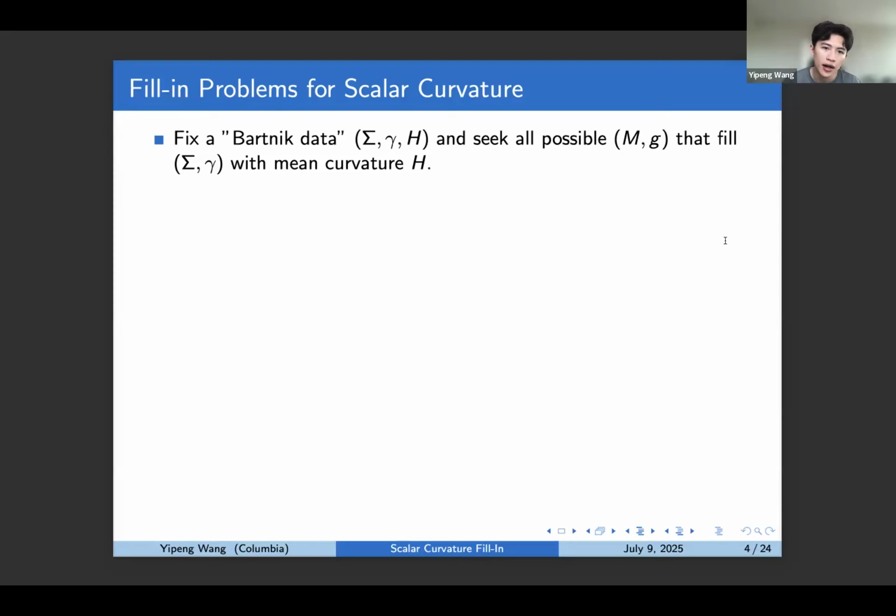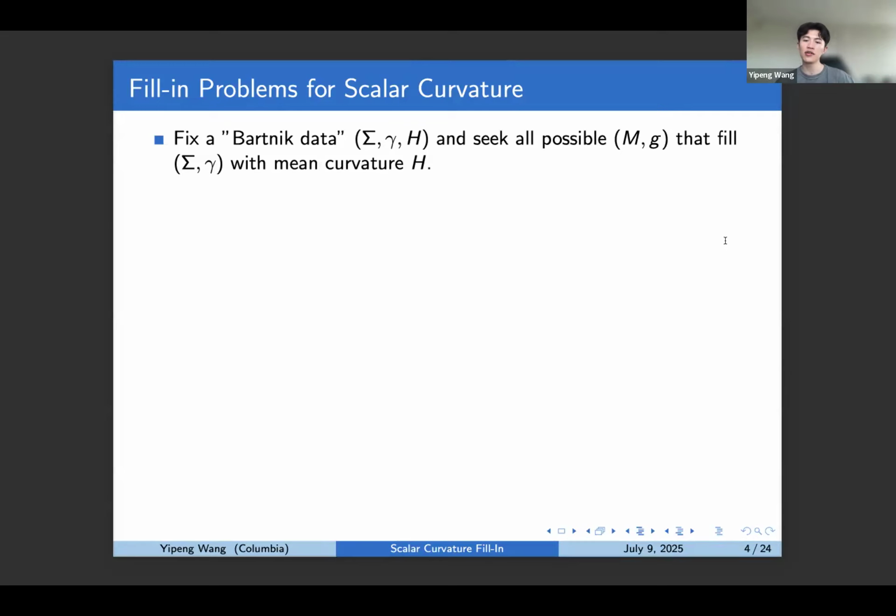So let us fix, and this terminology I will explain a little bit later, what I call Bartnik data, which is a triple of data: a closed Riemannian manifold Sigma with a metric gamma and a given function on this manifold, which I denote by H. So the idea is that H will serve as the mean curvature of a fill-in of the Riemannian manifold.